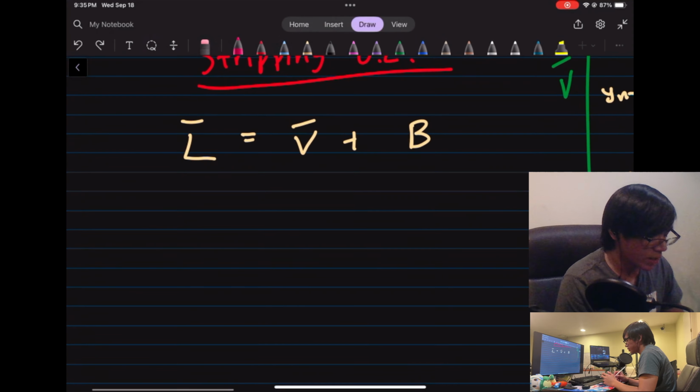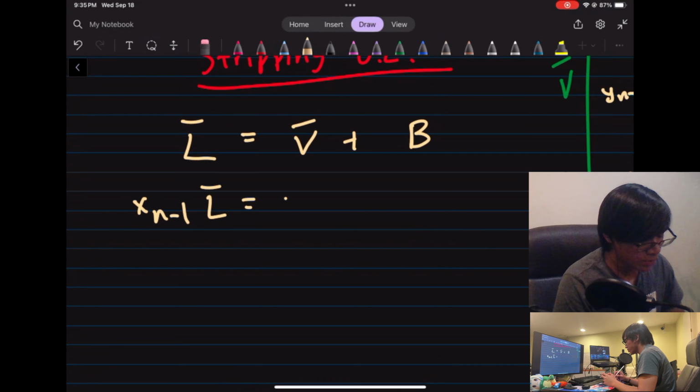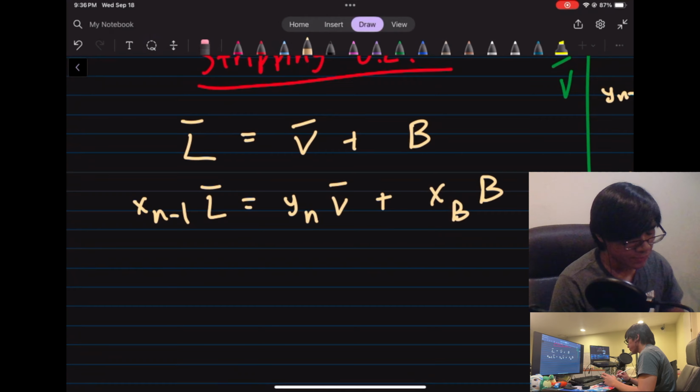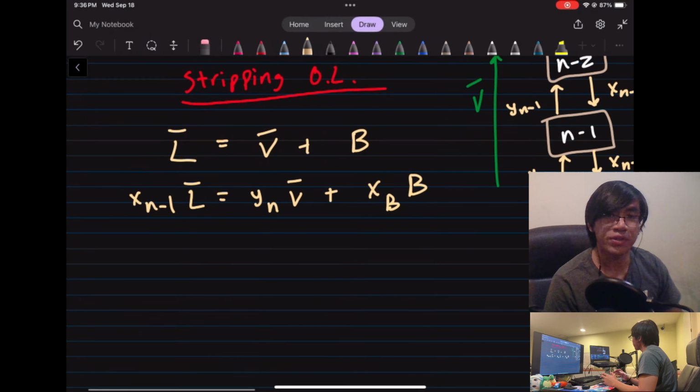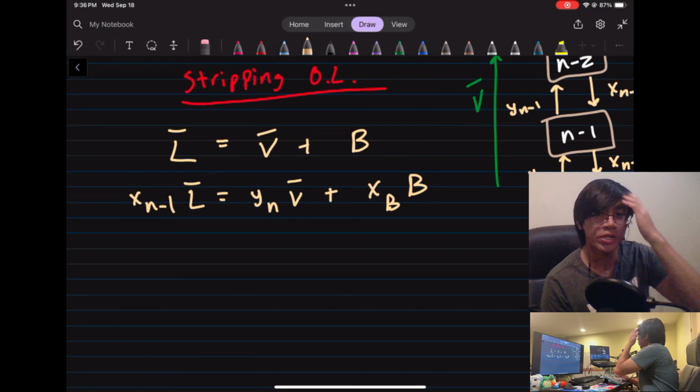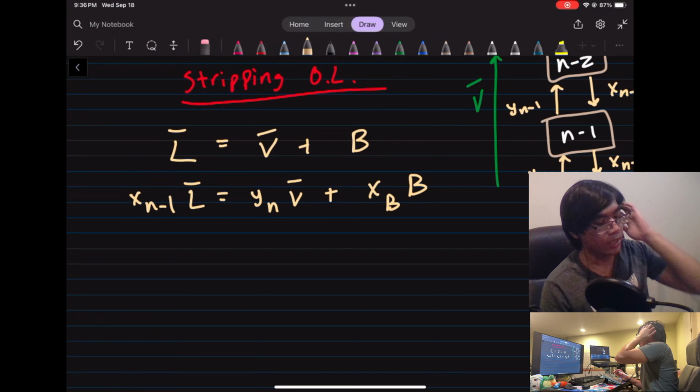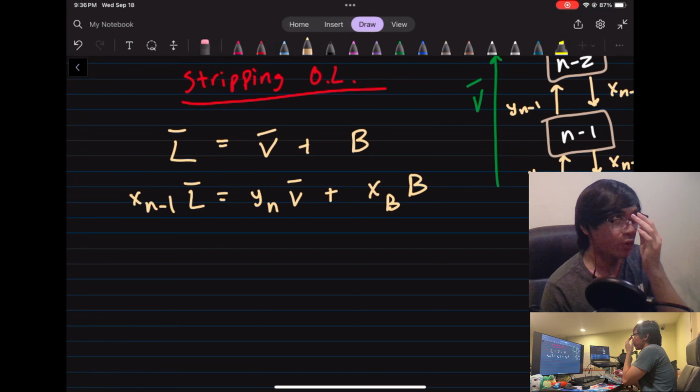In this case, we actually have our x on the left side, and I'll keep on saying that is xn minus 1, adding our corresponding molar fractions here, writing this out.